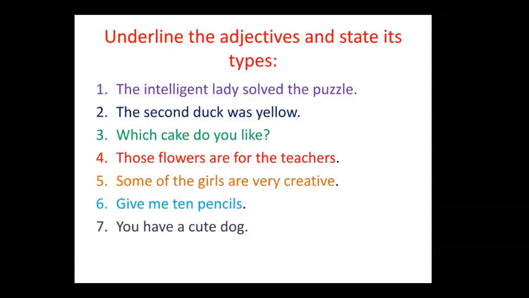Cute. Yes, very good. So here cute is the adjective. And which type of adjective is it? Quality. Yes, it is telling us about the quality of a dog. So here the word cute is an adjective of quality.